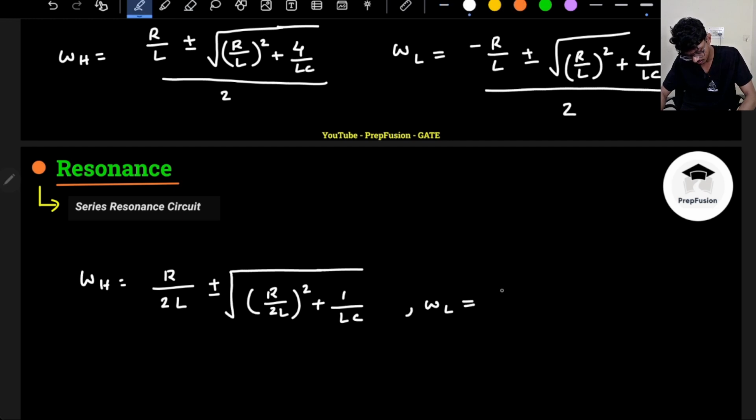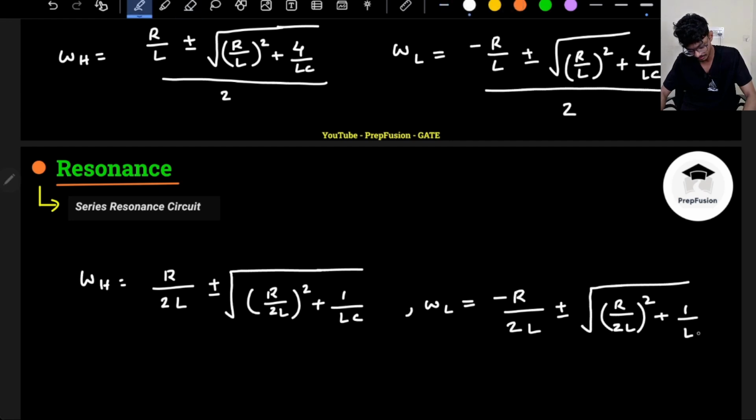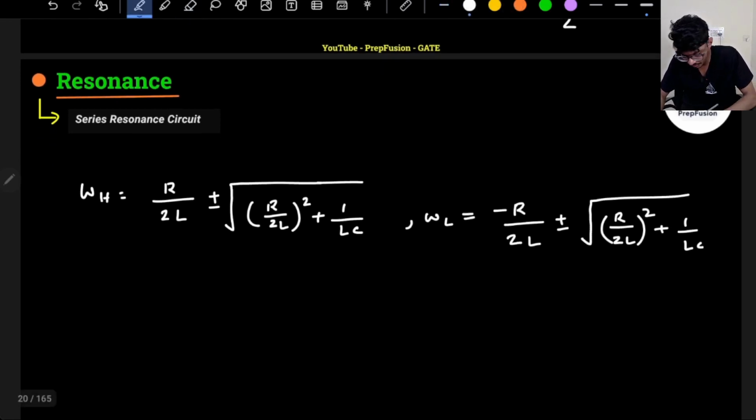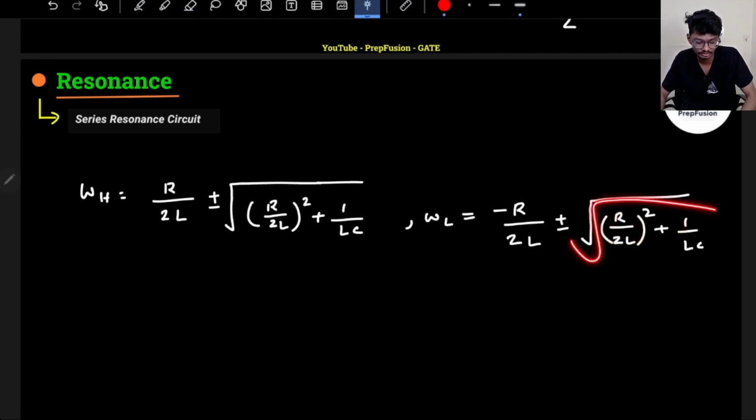Okay, and omega L will be equal to minus R by 2L plus minus the square root of (R by 2L) whole square plus 1 by LC, because I have divided by 2. So what we notice is this is (R by 2L) whole square. I am adding something to it, then taking the square root. So it will be somewhat more than R by 2L.